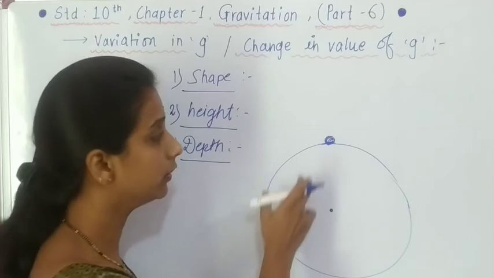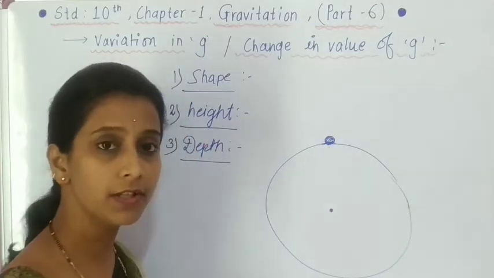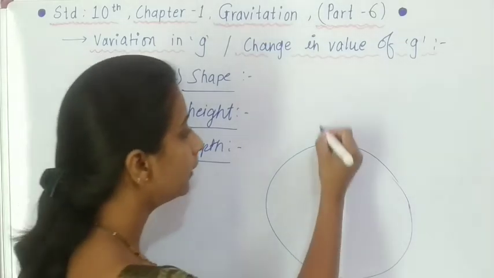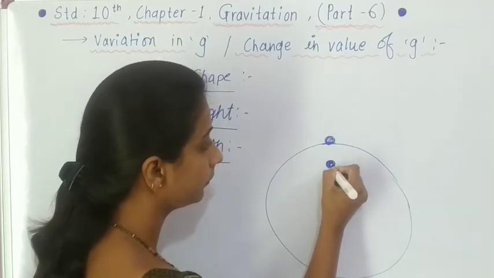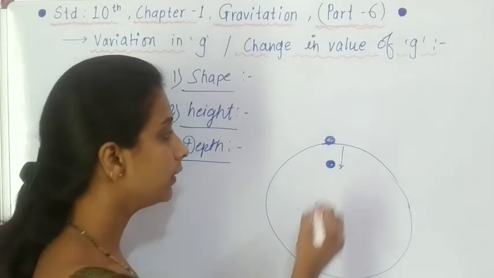See very carefully, okay. He is trying to go towards the center of the earth. And after some time, suppose this person reaches here at this depth. Okay students, then what happens?